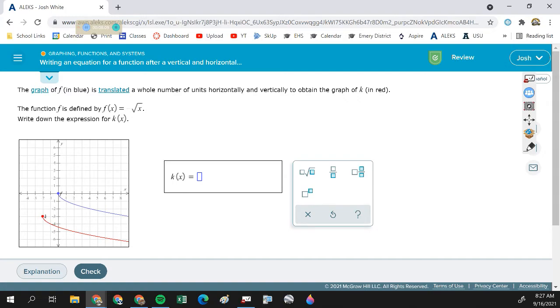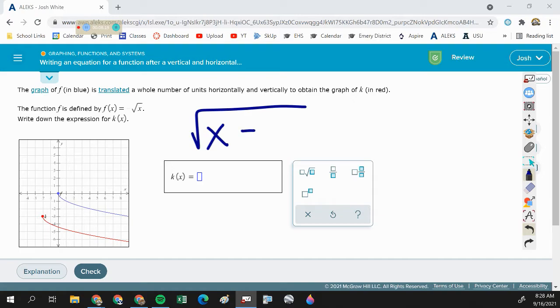So to write the equation, how do I represent left 2? Plus 2 inside. Oh, and the graph was already negative to begin with, right? This is the original graph. And then how do I go down 3? Good. Subtract 3 on the outside.